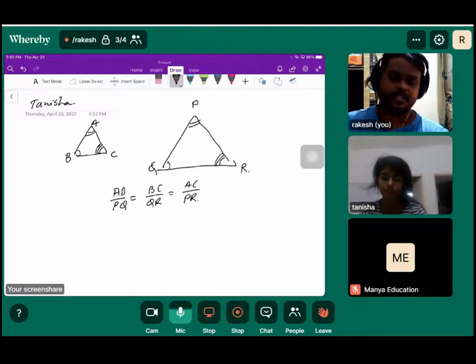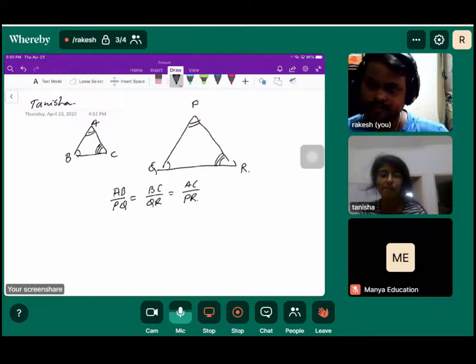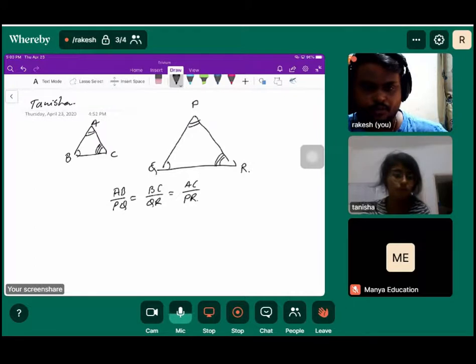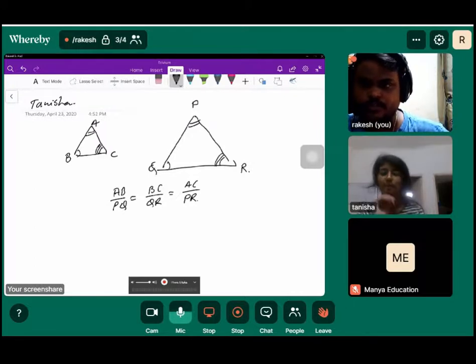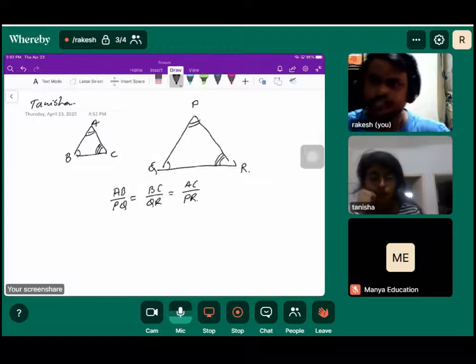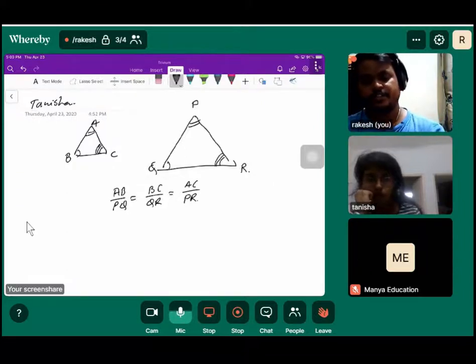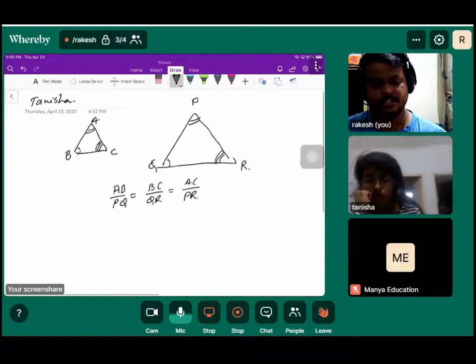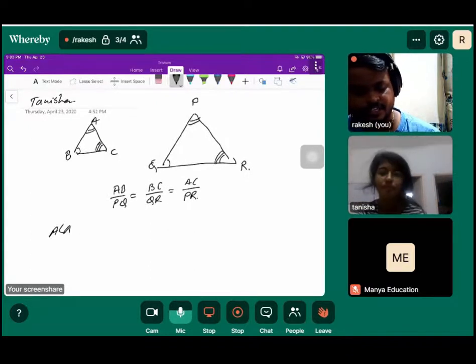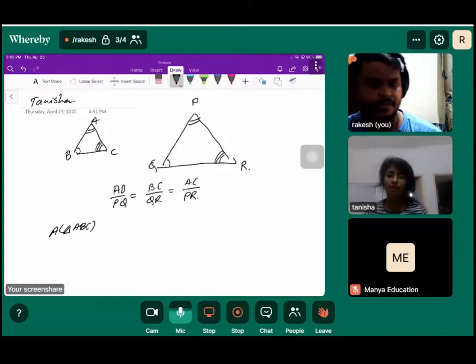Now the topic which you have asked for is basically area and volume of similar shapes, right? These are two topics you mentioned. So if we talk about the area of these triangles, what do we require to figure out the area of triangle ABC?